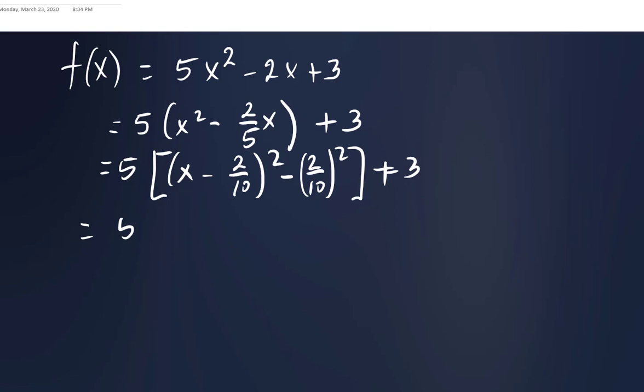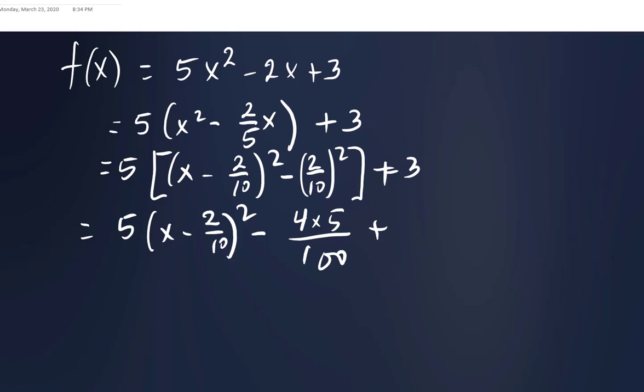So that becomes 5 factoring x minus 2 tenths squared. Now the 5 comes in here, minus 4 times 5 over 10 squared, 100 plus 3, correct? So we can rewrite is 5 factoring x minus 2 tenths squared plus 300 minus 20, that means 280, correct?